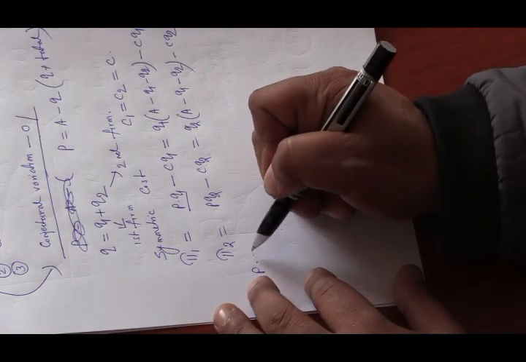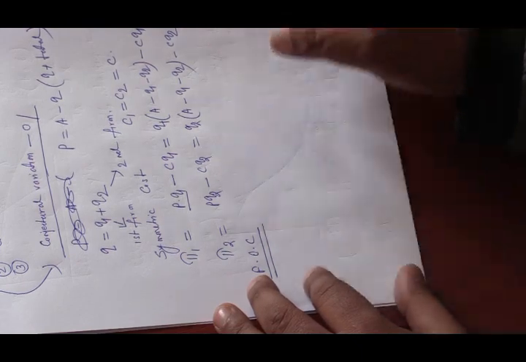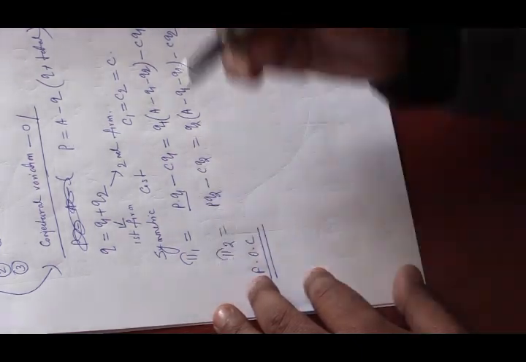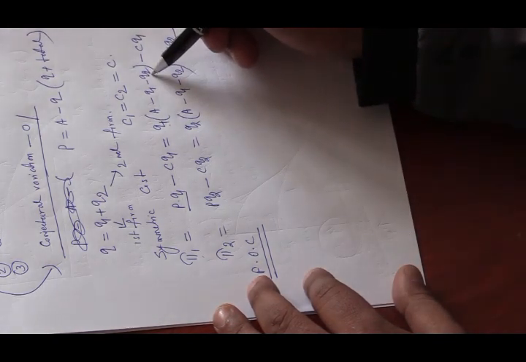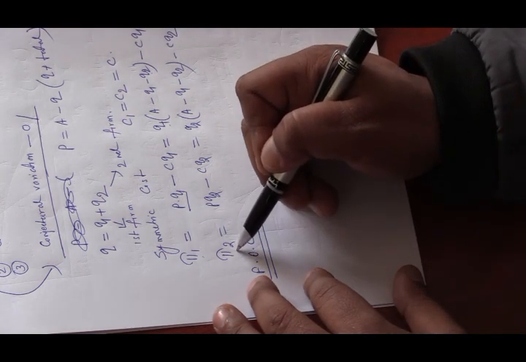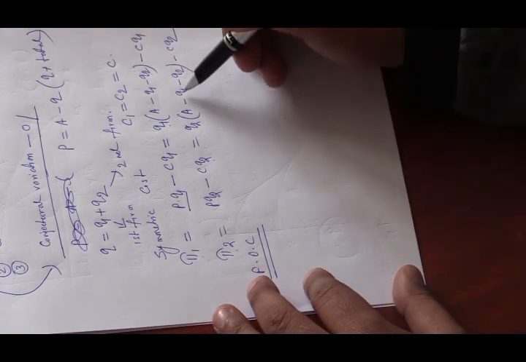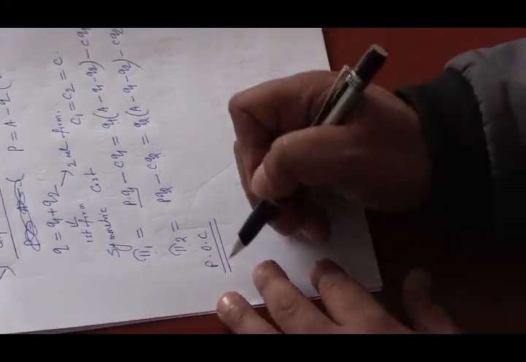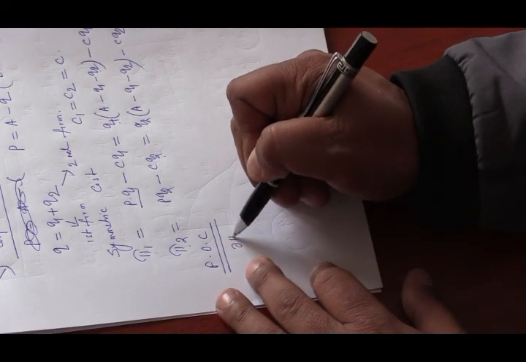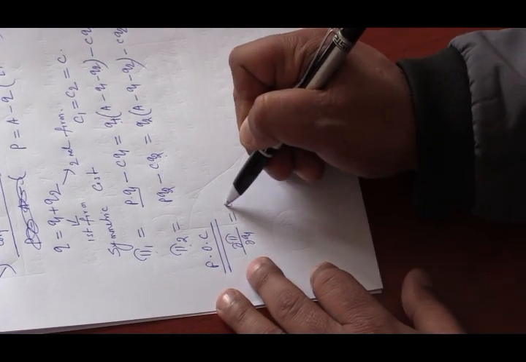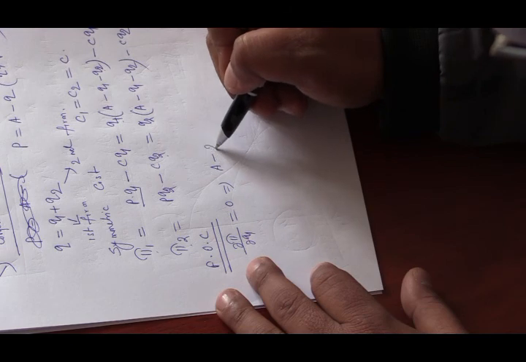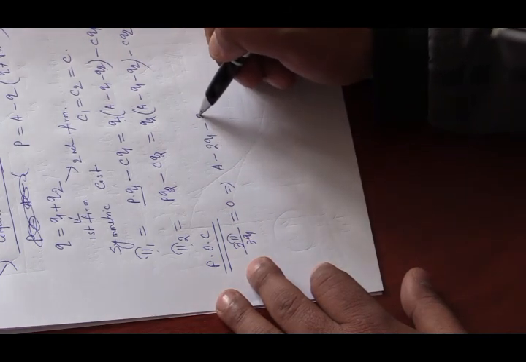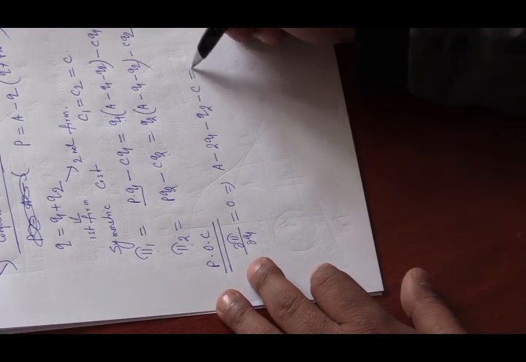So let us consider the first order condition. The objective of firm 1 is to maximize pi 1 with respect to Q1. We will consider Q2 as given, as conjectural variation is 0. And the second firm will try to maximize its profit with respect to Q2, considering Q1 as constant. So the first order condition requires the derivative to be 0, that implies A minus 2Q1 minus Q2 minus C equals 0.